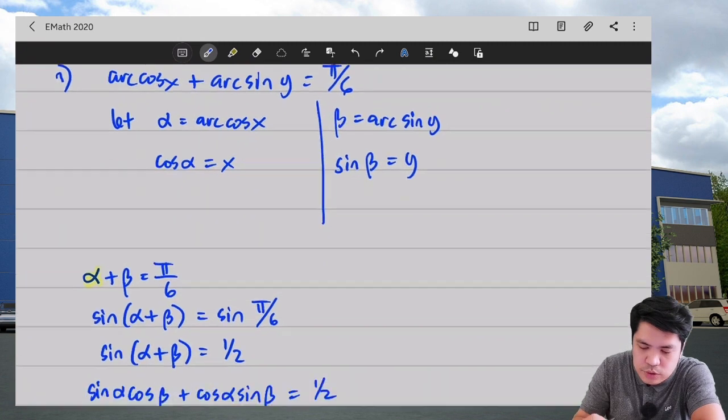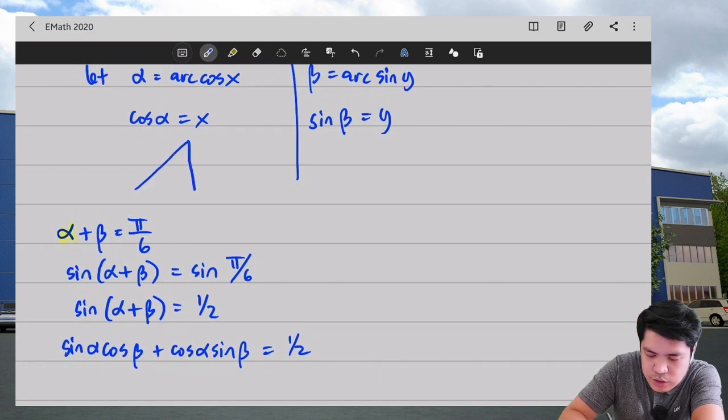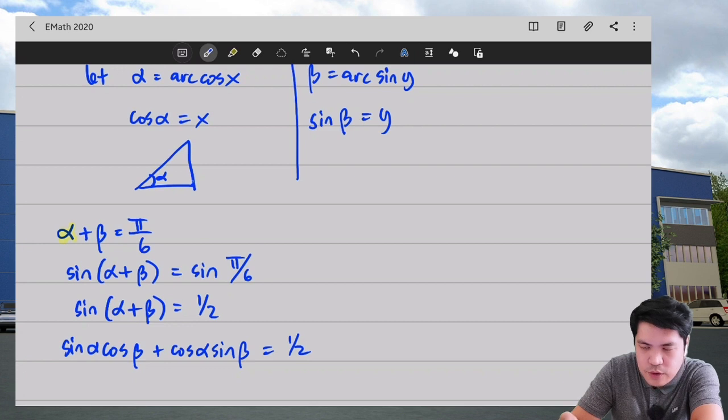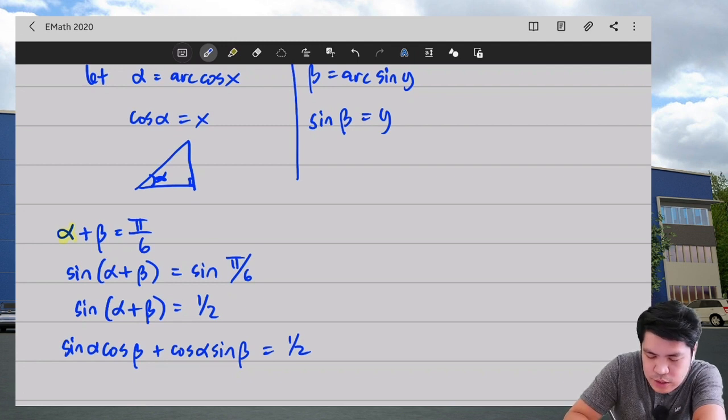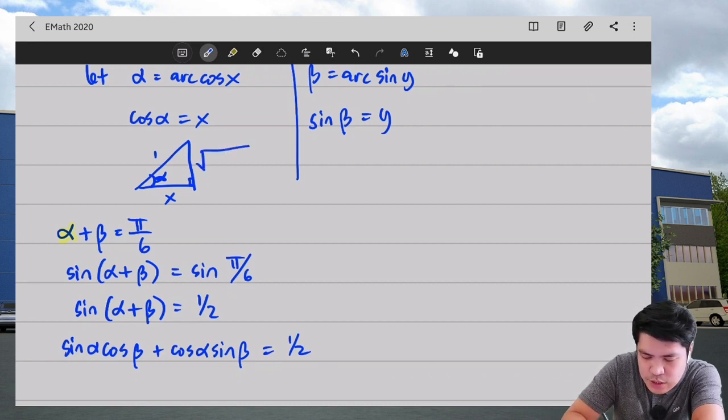So, ang gagawin natin, we'll just reconstruct the triangle for this. Okay? So, construct tayo ng right triangle in which this angle is alpha. We know that cosine is adjacent over hypotenuse. So, therefore, in this triangle, the adjacent side is x and the hypotenuse is 1. So it follows that the other side is, by Pythagorean theorem, just the square root of 1 squared minus x squared.